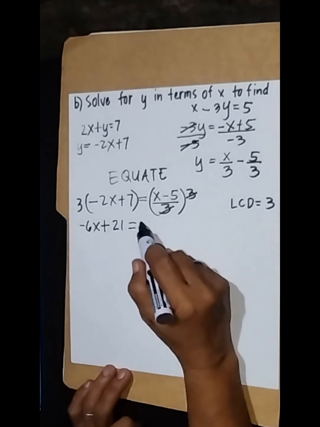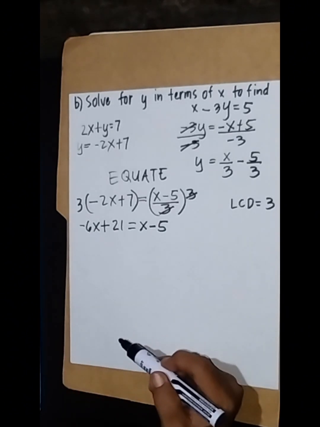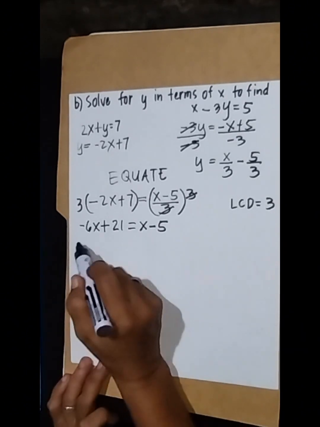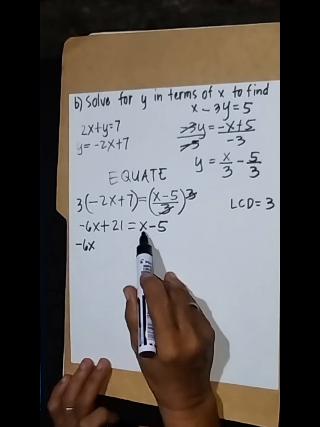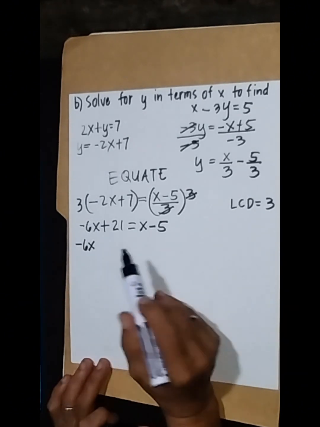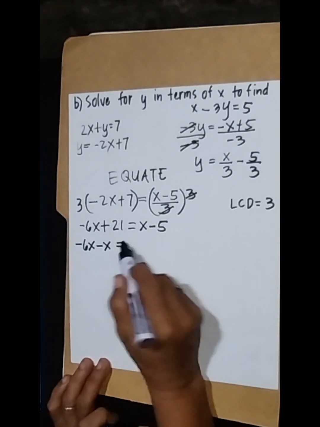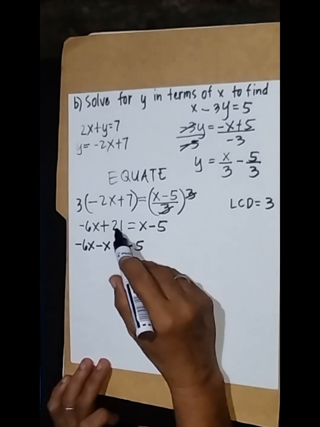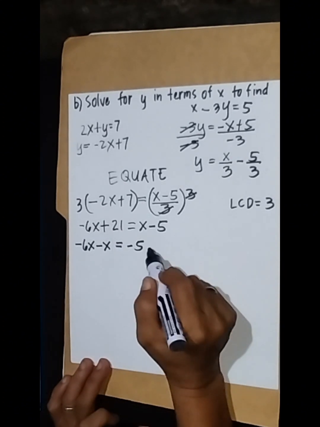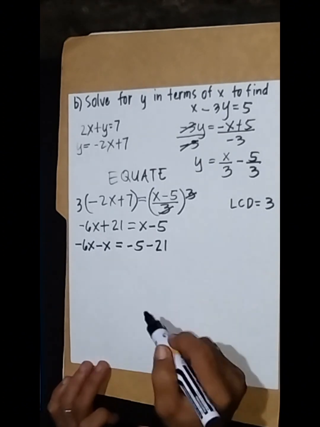So, ang natira na lang po is x minus 5. Now, combine like terms. So, negative 6x. So, ilipat po natin ang x sa left side. So, magiging negative na po siya equals negative 5. Ilipat po natin ang constant na 21 to the right side. So, positive po siya dito. So, magiging negative na po siya.